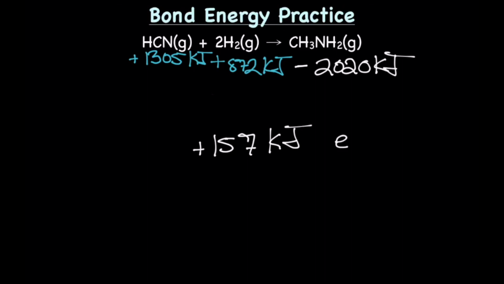So this is an endothermic reaction because we used 157 kilojoules more energy to break the bonds of the reactants than the energy released when making the bonds for the product.